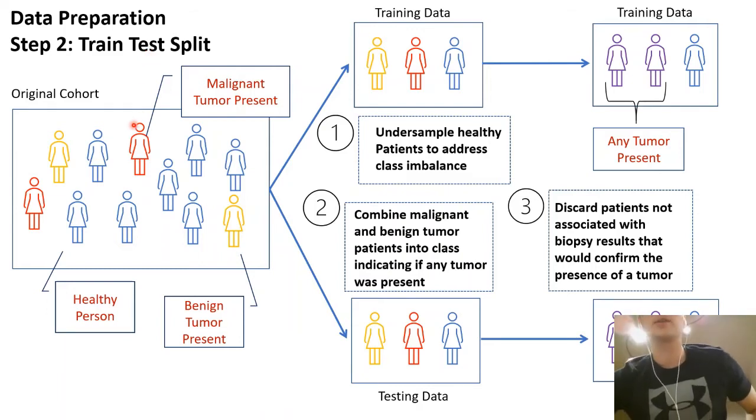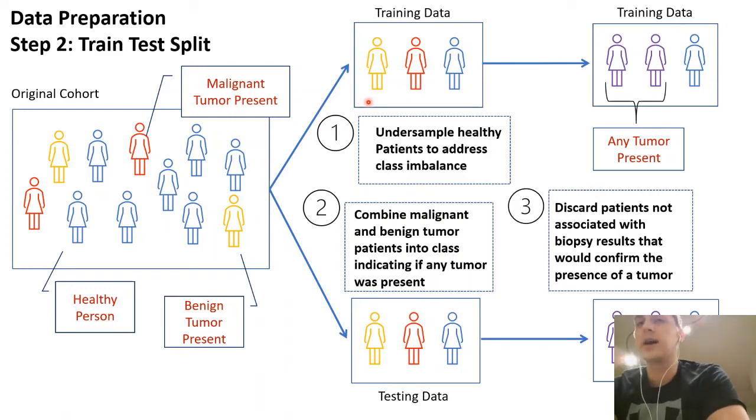In our original data set, we had 3 types of people. We had a healthy person who did not have a tumor present, a person with a malignant tumor, and a person with a benign tumor. In creating our data set, we had to do some steps to make it ideal for machine learning. The first thing we had to do was undersample our healthy patients to address the class imbalance, because most people do not have cancer.